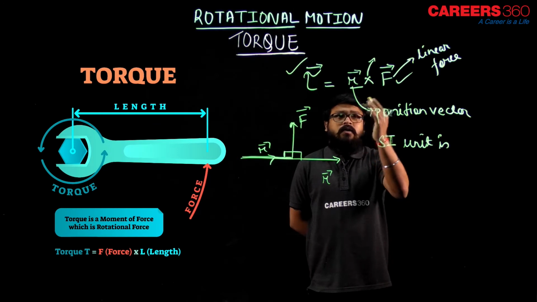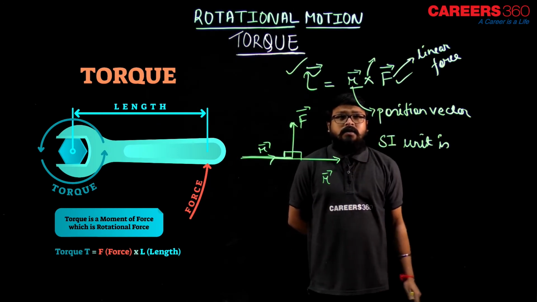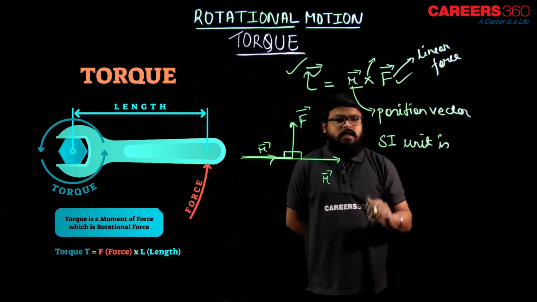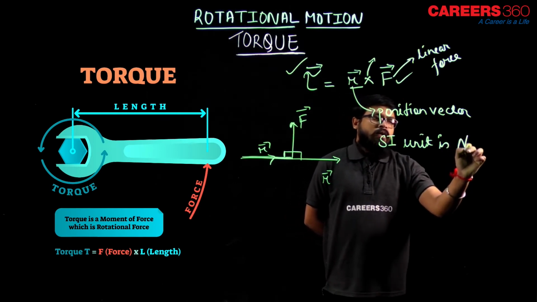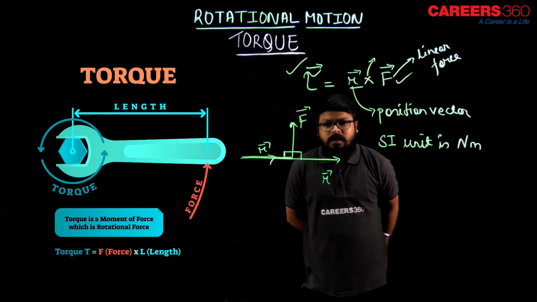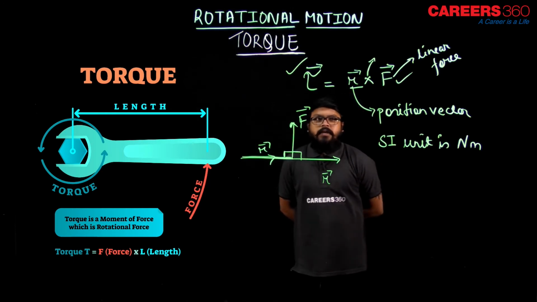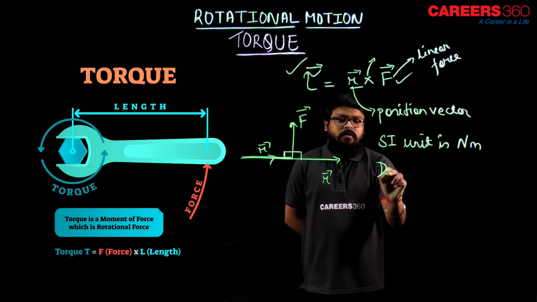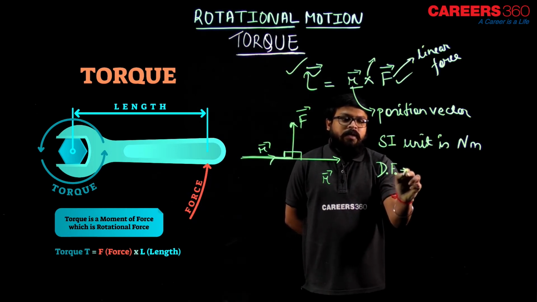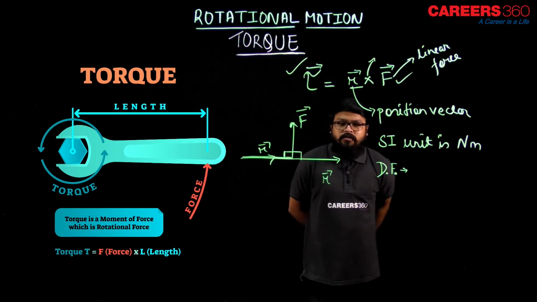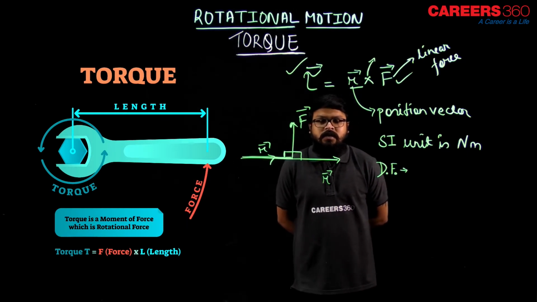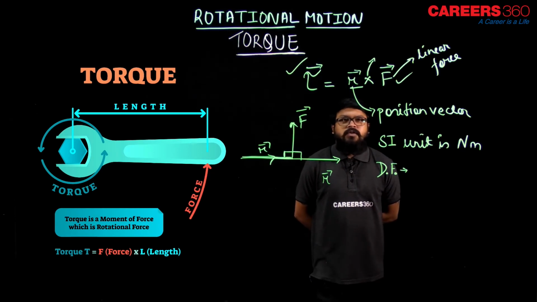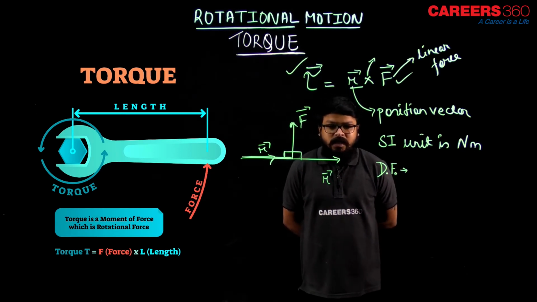is, as you can see, R cross F. R is length, distance or position vector, its unit is meter, and force is in Newton. So the unit is Newton meter. And what would be its dimensional formula? We express the dimensional formula in terms of basic quantities, that is mass, length and time. Newton means force, which is mass into acceleration.